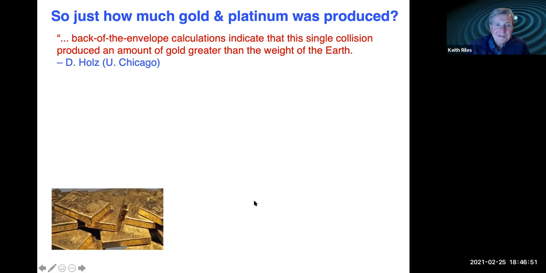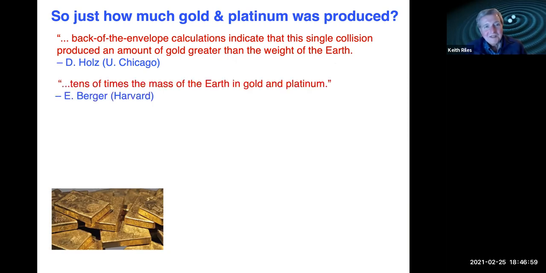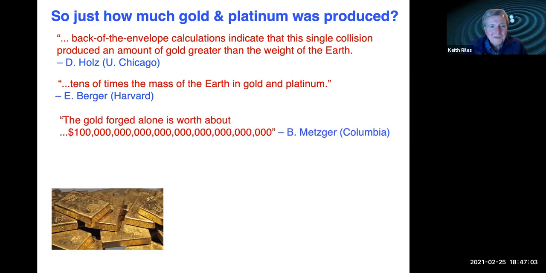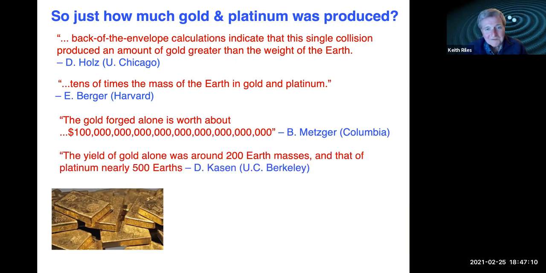One estimate was an amount of gold greater than the weight of the Earth, which sounds like an awful lot, but that was actually a conservative estimate compared to others. Here's tens of times the mass of the Earth in gold and platinum. Here's someone estimated the monetary value of all that gold. Here's someone who came up with 200 Earth masses of gold and 500 Earth's worth of platinum.